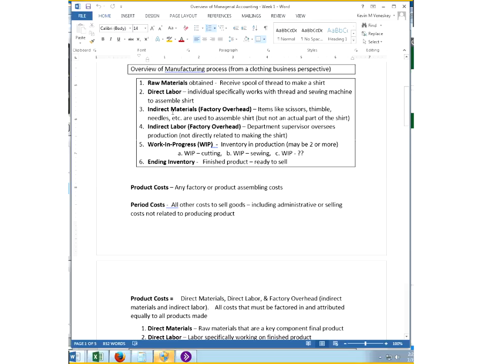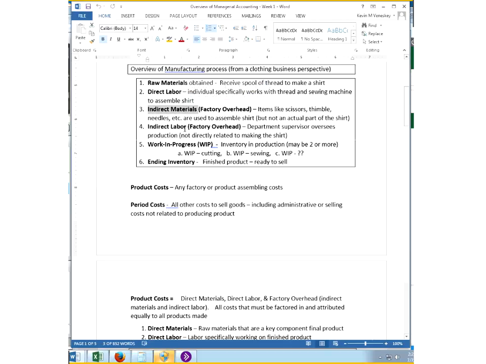One of the things included is indirect materials. Indirect materials would be if we had to use extra salt or extra flavoring for whatever reason. Those would be items that make the French fry taste better.